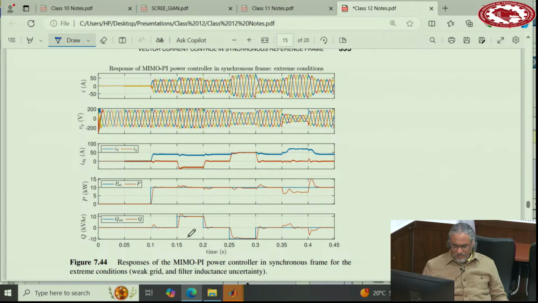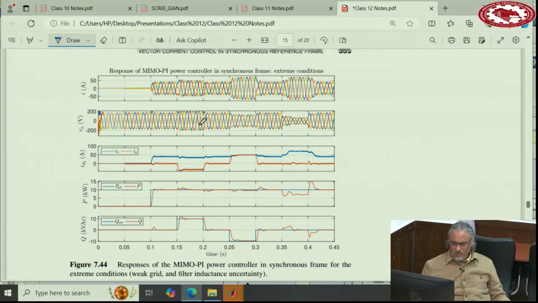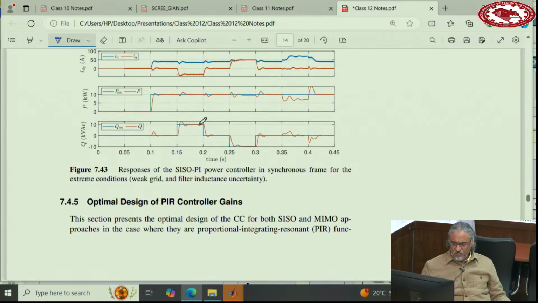Look at the transients of these waveforms. This is for MIMO, not necessarily during the current limiting, but look at the transients you get on the current of the converter. This is the extreme case where you have an impedance at the grid side and an increase in the impedance of the filter. And this is the CISO.